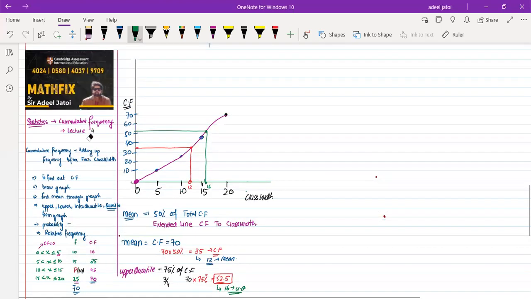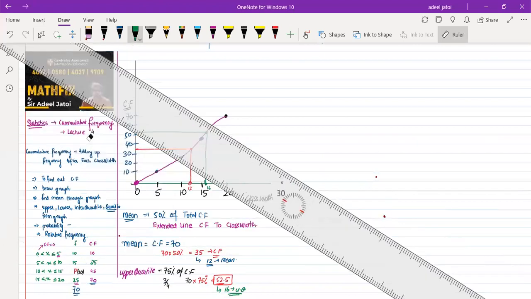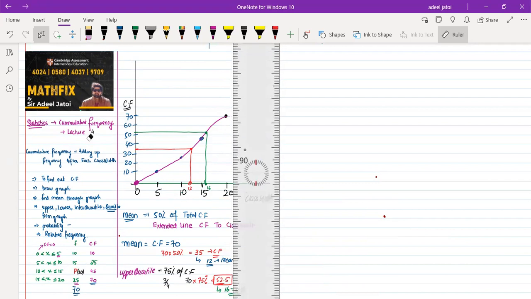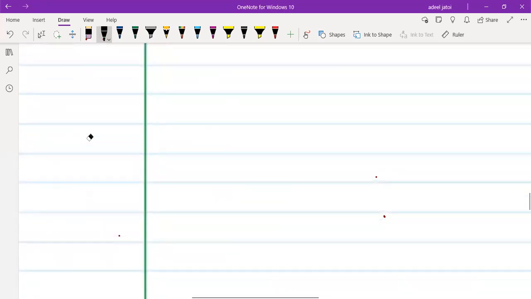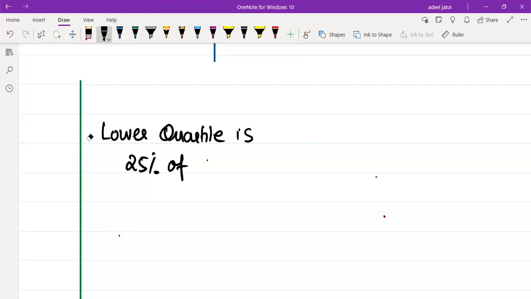Similarly, when you have this graph and you need to find the lower quartile, you need to understand that the lower quartile is 25% of the cumulative frequency.